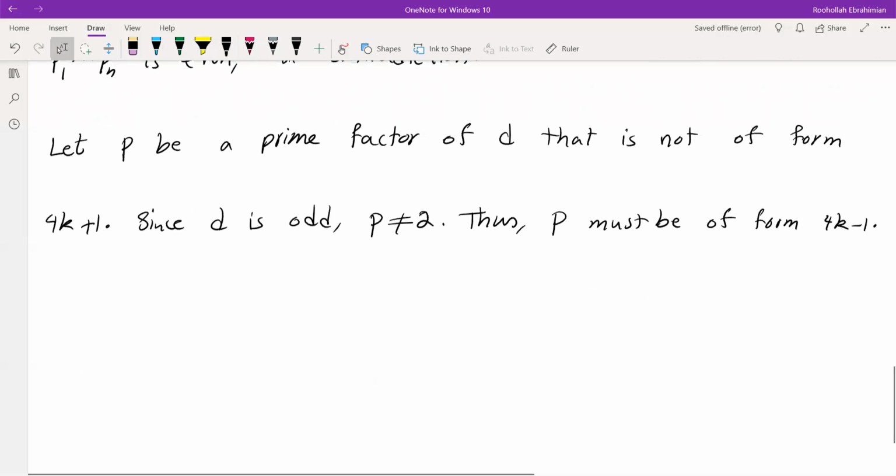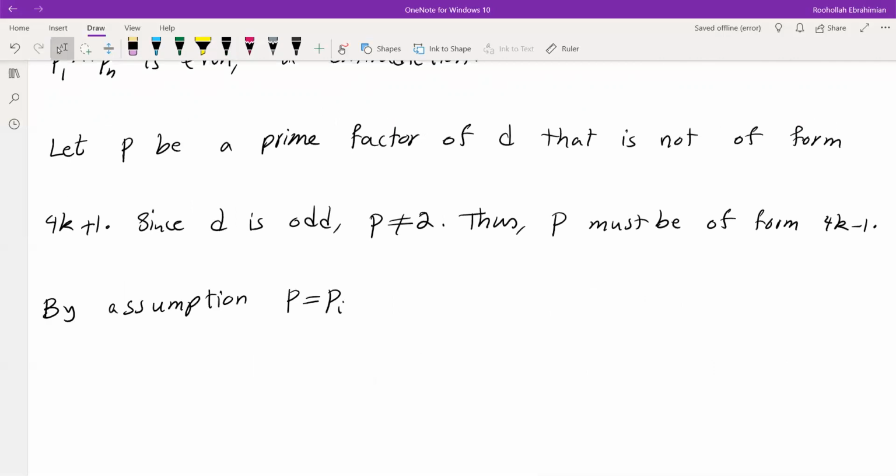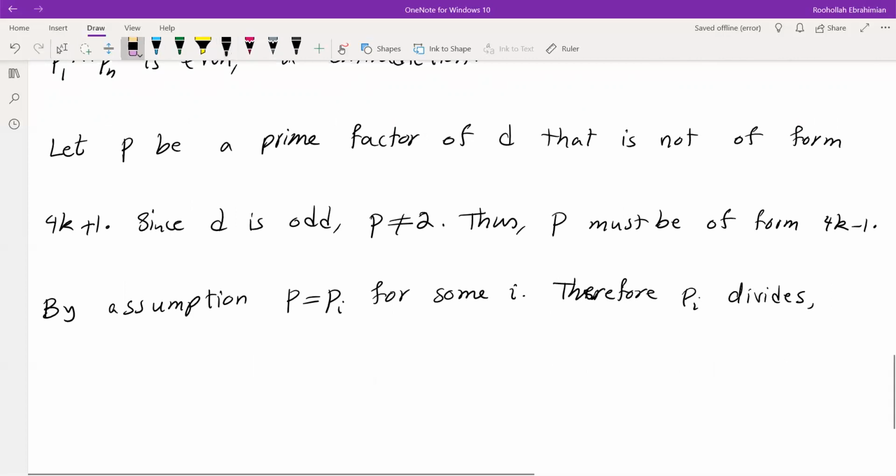Now, by assumption, P must be one of the Pi's for some i. Therefore, Pi divides 2P1 through Pn plus 1.